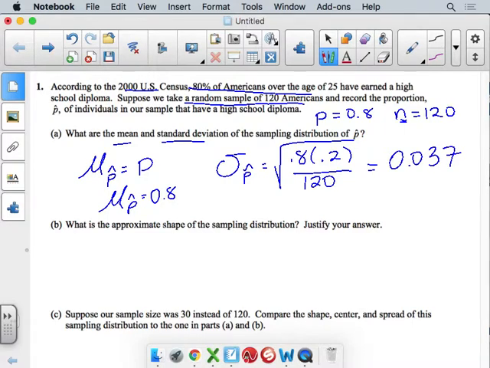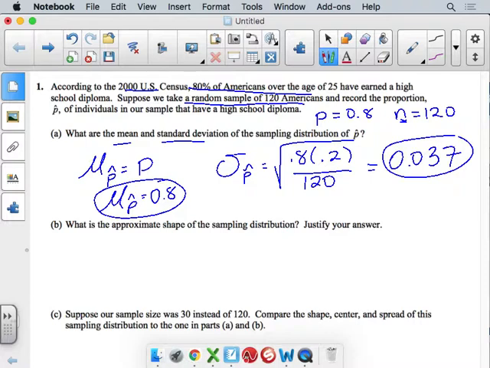So you have an average of 80%. If you did a ton of samples of 120 from America, the average would be 80%, but we're going to deviate from there a typical amount, like 3% plus or minus, is where a lot of our values are. So that's kind of our setup.